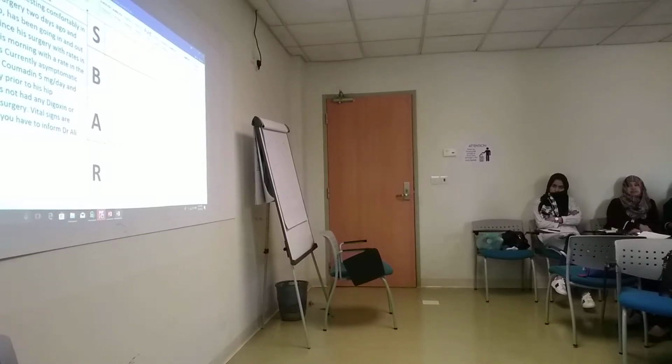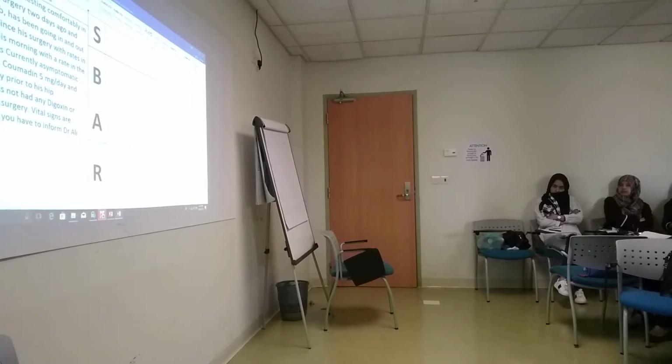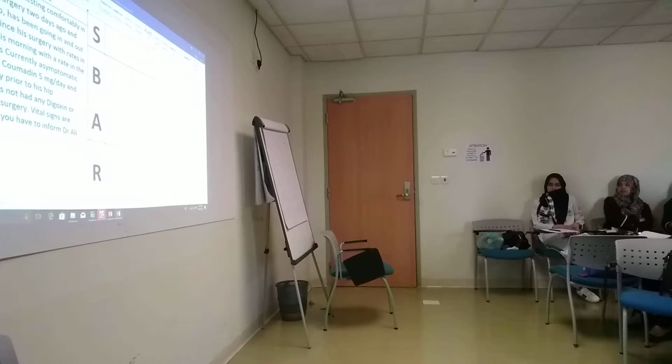He was on Coumadin 5 milligram per day and digoxin 0.25 milligram per day before the surgery, but he hasn't had any of this medication since the surgery. His vital signs are stable, blood pressure 120/80, but you have to speak with Dr. Ali. You have to identify what is the situation.